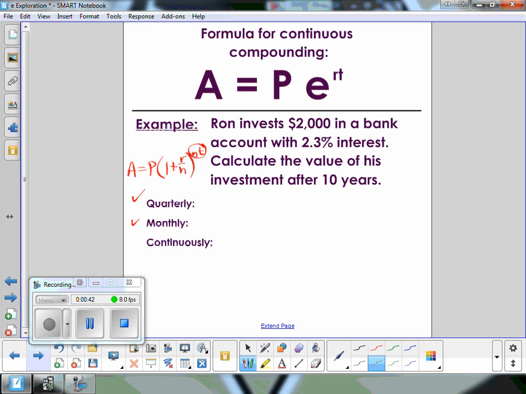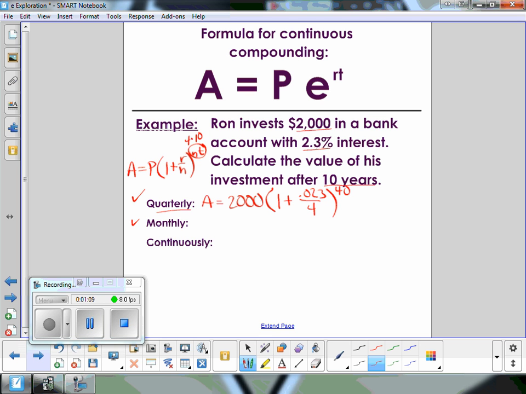For quarterly, we would find the amount of Ron's investment by doing $2,000, which was P, times 1 plus 0.023, which is 2.3%, divided by 4 because it says quarterly, and we would take that to the 40th power because you would do 4, which is N, times 10 years.